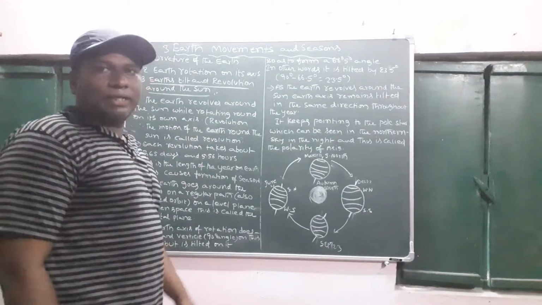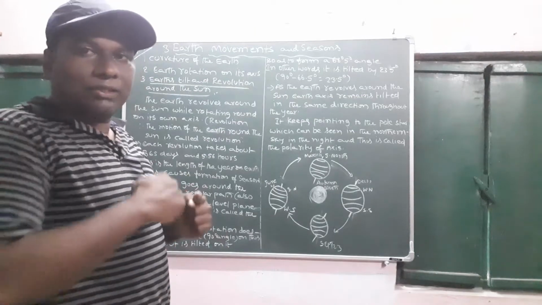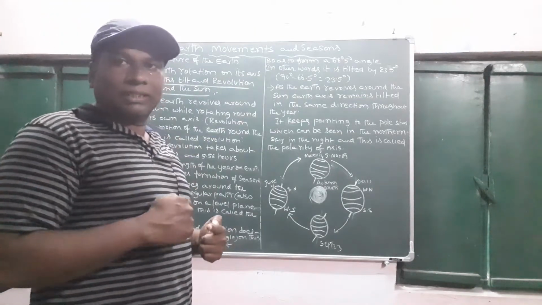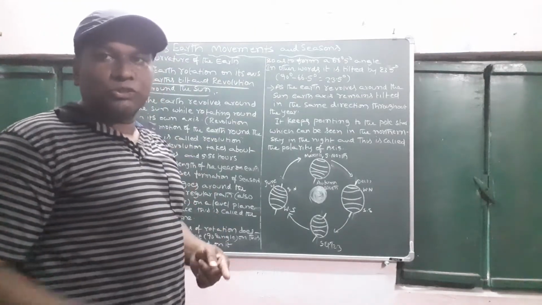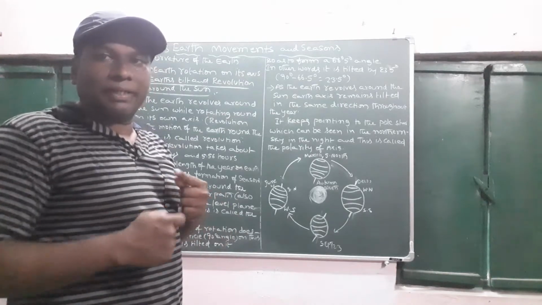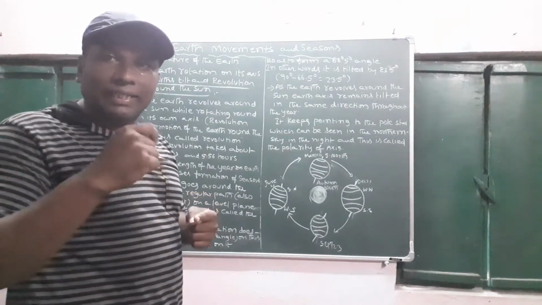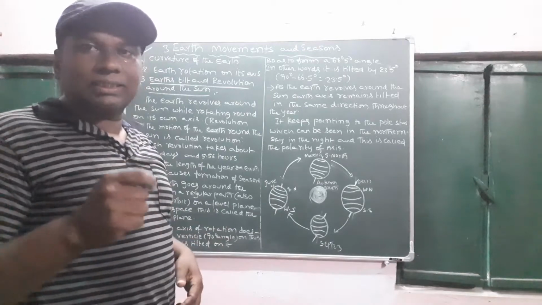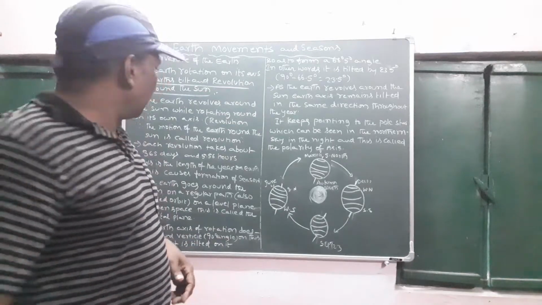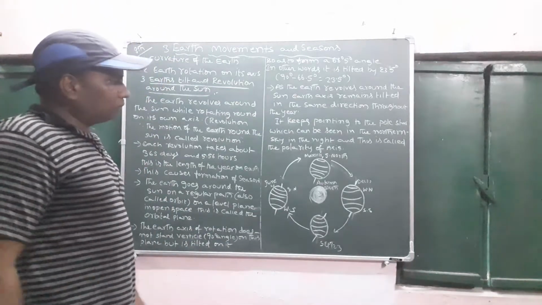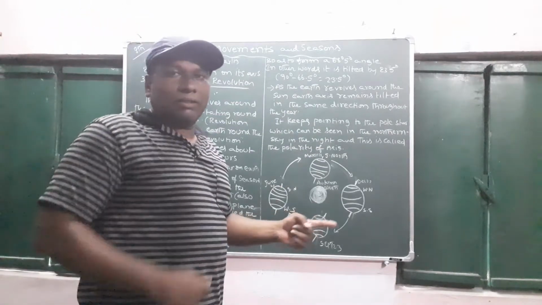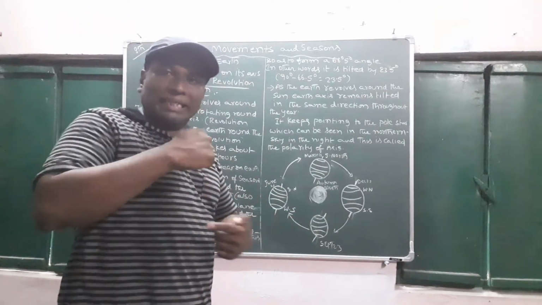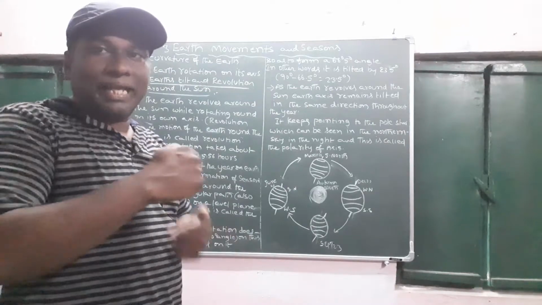Already you know regarding rotation, earth moving on its own axis, that is called rotation. Due to the rotation, what is forming? Yes, it causes day and night. Then what is revolution? The earth is moving, rotating itself and moving around the sun.